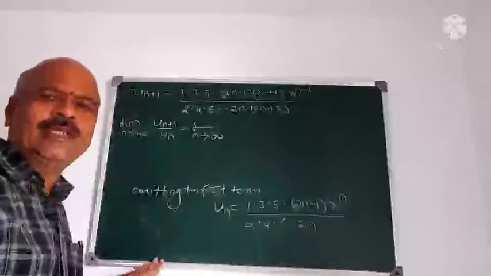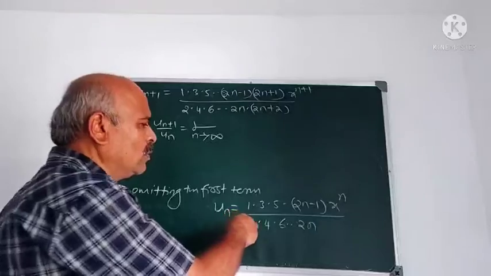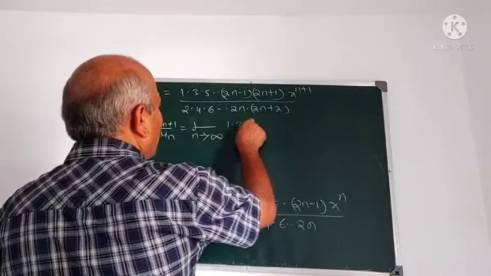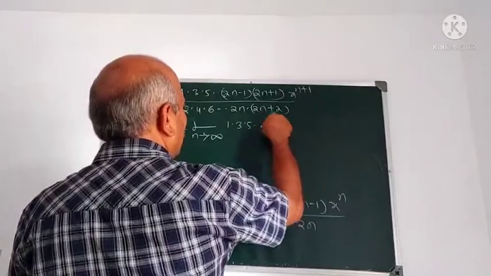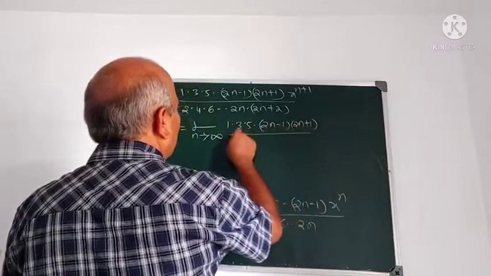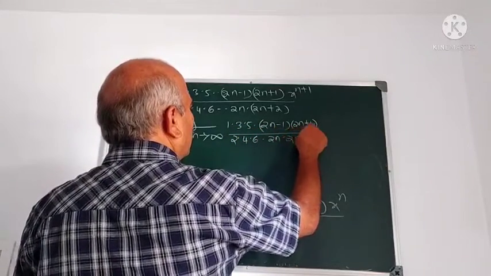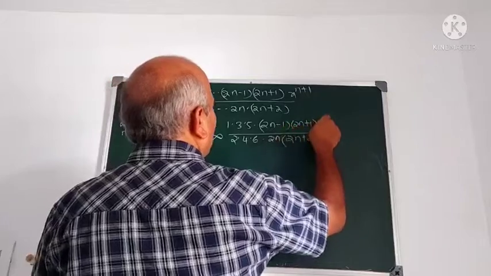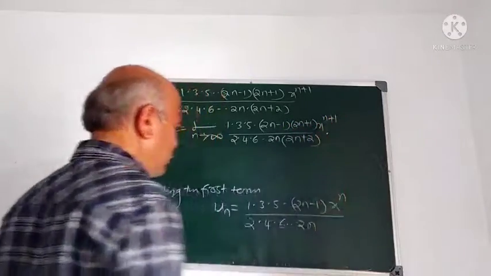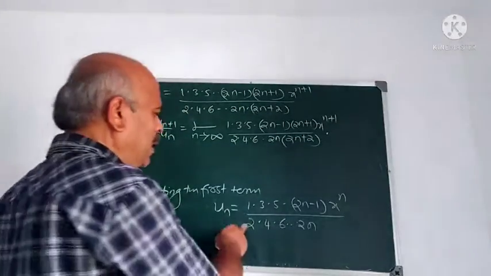Therefore, limit n tends to infinity un plus 1 upon un. First we start with D'Alembert's ratio test. Suppose it fails, then we go to Raabe's test.